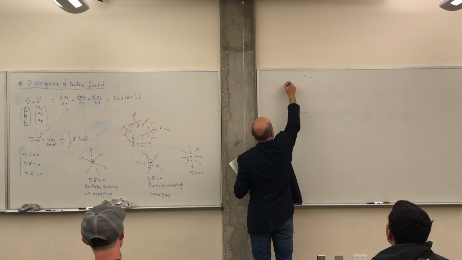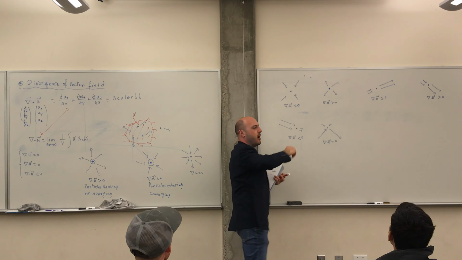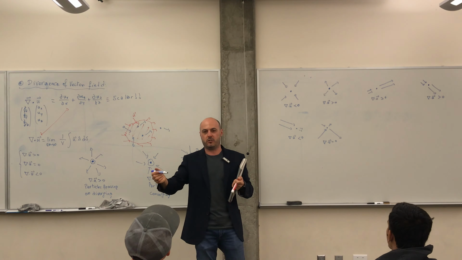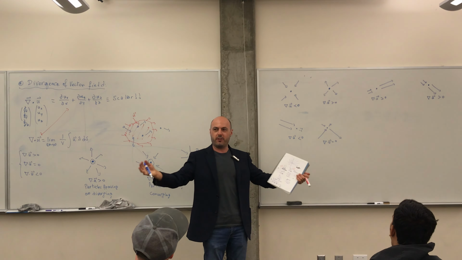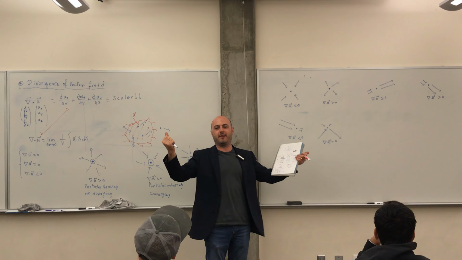Now, for us people who do CFD with incompressible flows, we notice that when div u is negative, the pressure is very high because the pressure is going to help us enforce mass conservation. So when the particles are trying to come in together, the pressure is going to balance them out.